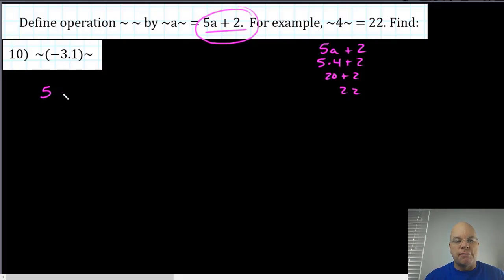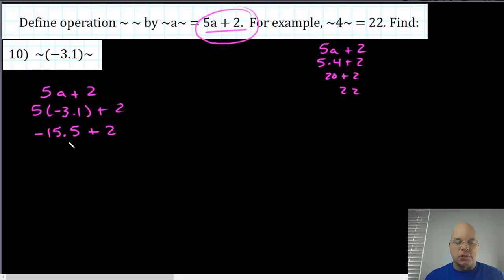The function is 5a plus 2, and in this case a is negative 3.1, so 5 multiplied by negative 3.1 plus 2. 5 multiplied by 3 and 1/10 would just be 5 multiplied by 3 plus 5 multiplied by 1/10. So I have 15 and 5/10, and a positive multiplied by a negative is negative. So negative 15 and 5/10 plus 2.